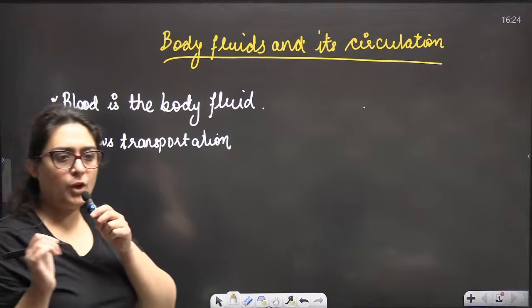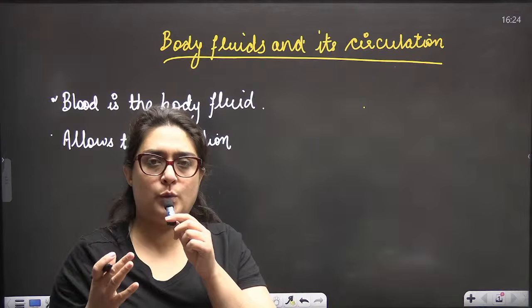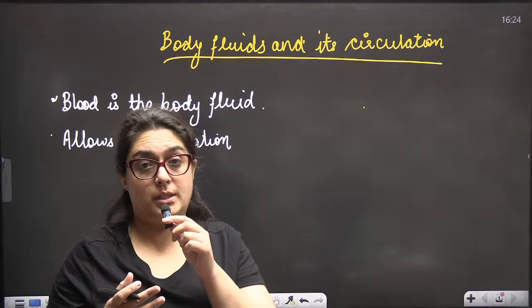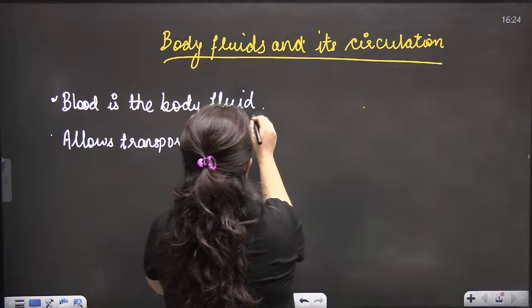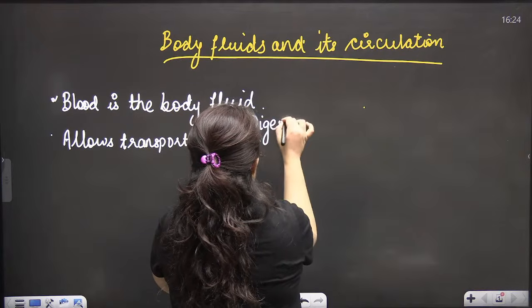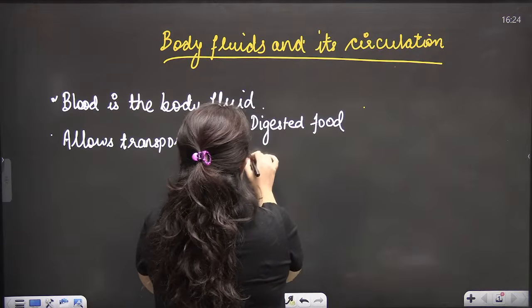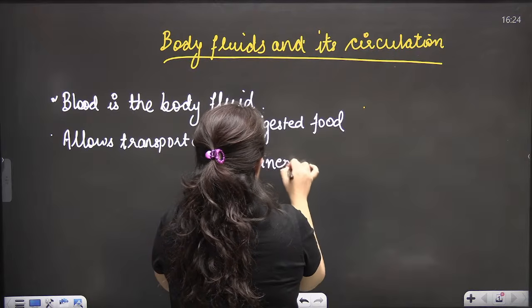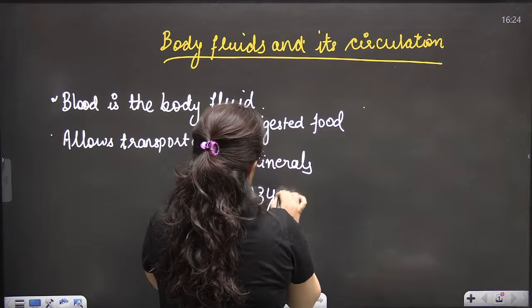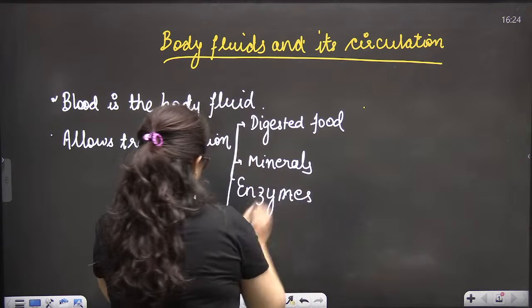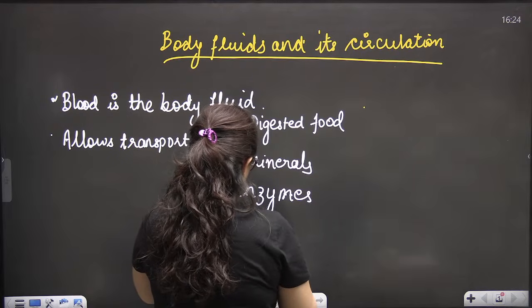What is blood transporting? Blood is transporting enzymes, minerals, hormones, digested products.